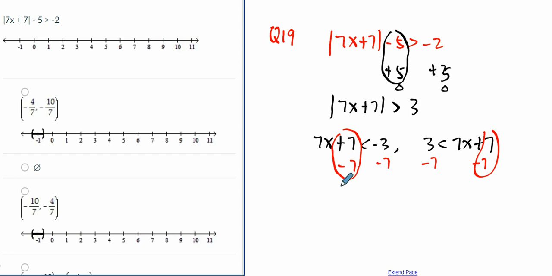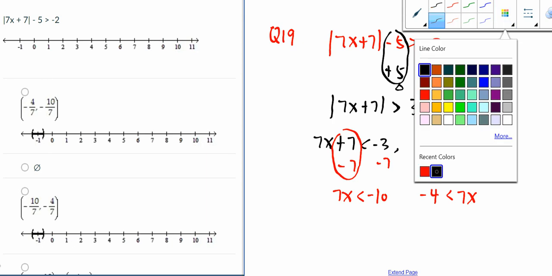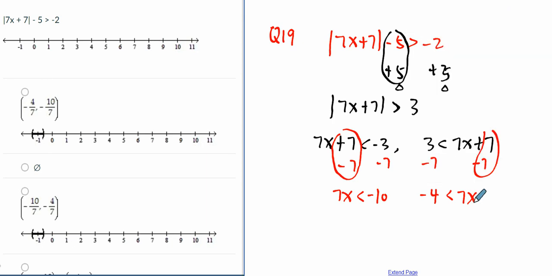So you have 7x less than negative 10, negative 3 and negative 7 added together. And here you have a negative 4, negative 7 plus 3. And here you have a 7x. Now, divide by what? The coefficient of x. Make it be 1.